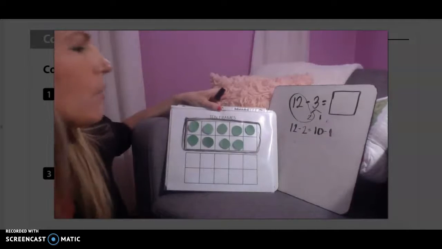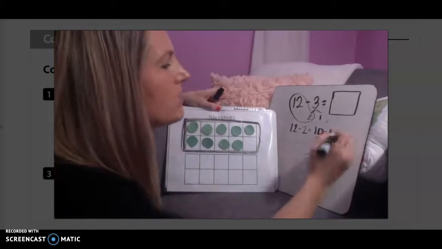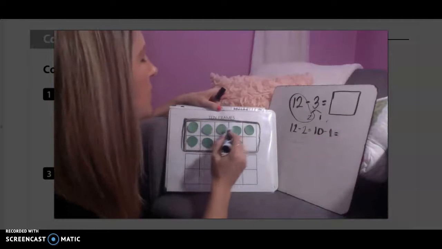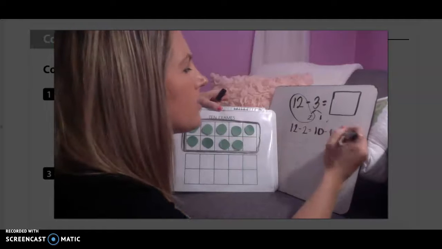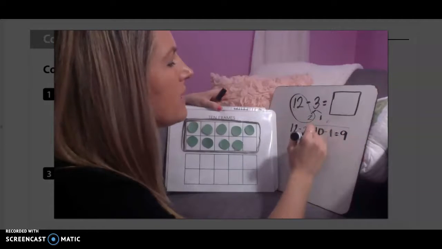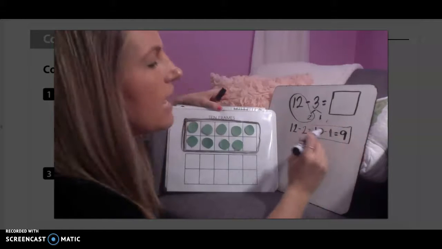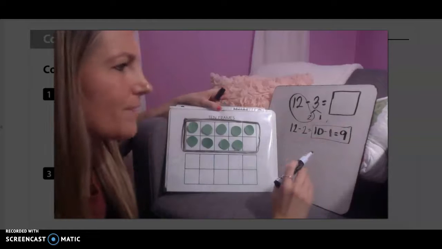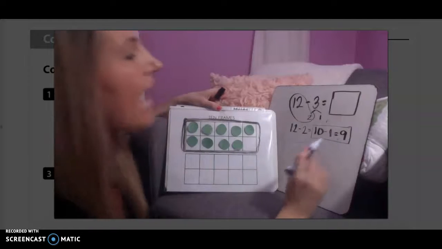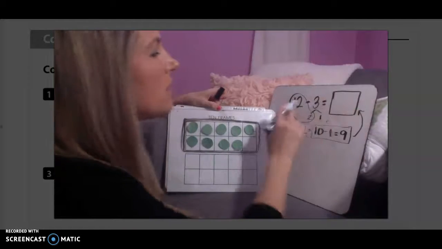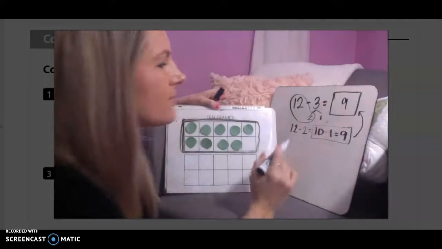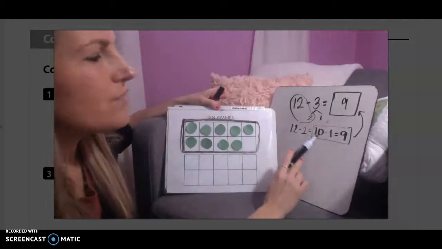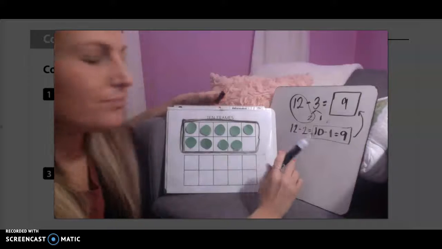When I take that 1 dot away, 10 minus 1, I'm left with 1, 2, 3, 4, 5, 6, 7, 8, 9. So here's my making a 10 sentence. 10 minus 1 equals 9. That's going to be the exact same answer as 12 minus 3. The only difference is this way I solved it making a 10 first.